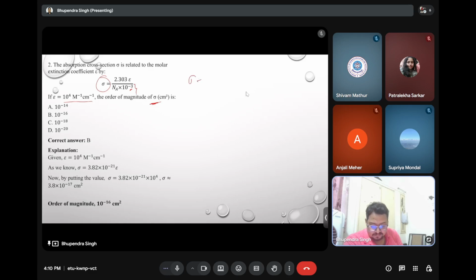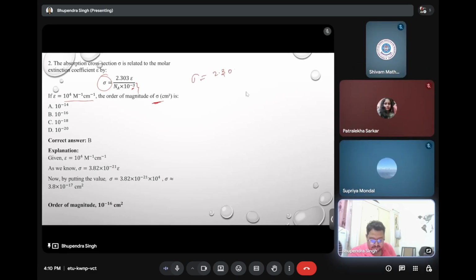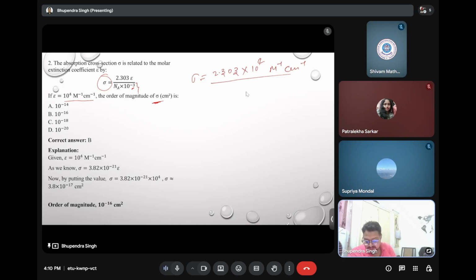So sigma equals 2.303 into epsilon, 10 to the power 4 mole minus 1 centimeter minus 1, divided by Na, which is 6.022 times 10 to the power 23, into 10 to the power minus 3.